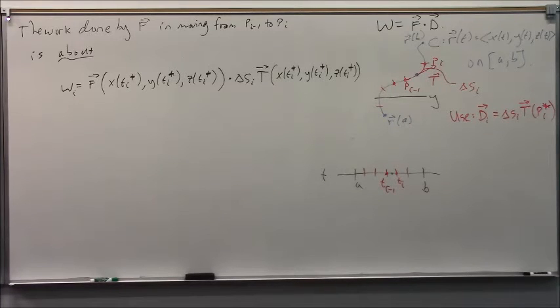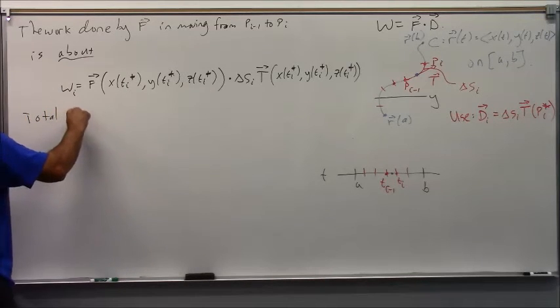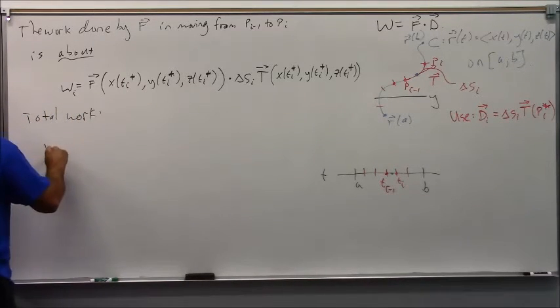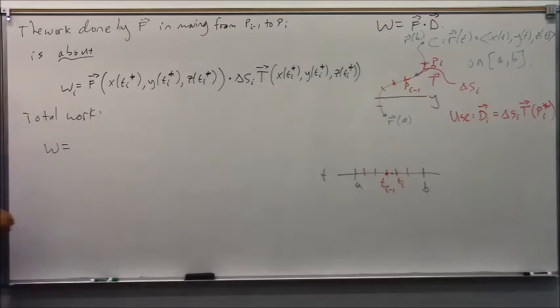It's just that the F and the D are kind of complicated by the fact that we have something curvy going on. So the total work then is going to look like this. I have to add up the work along each little piece.